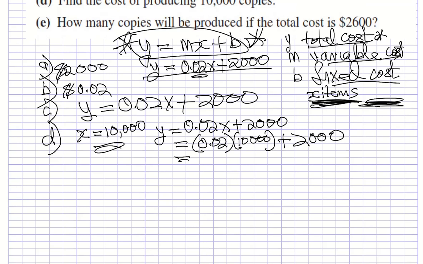So that's okay. 0.02 times 10,000. That's 200. I will show you in a minute what I mean, what I just said. Just give me a minute. So you do that. What do you get? You get 2,200. Okay, that's what you get there.